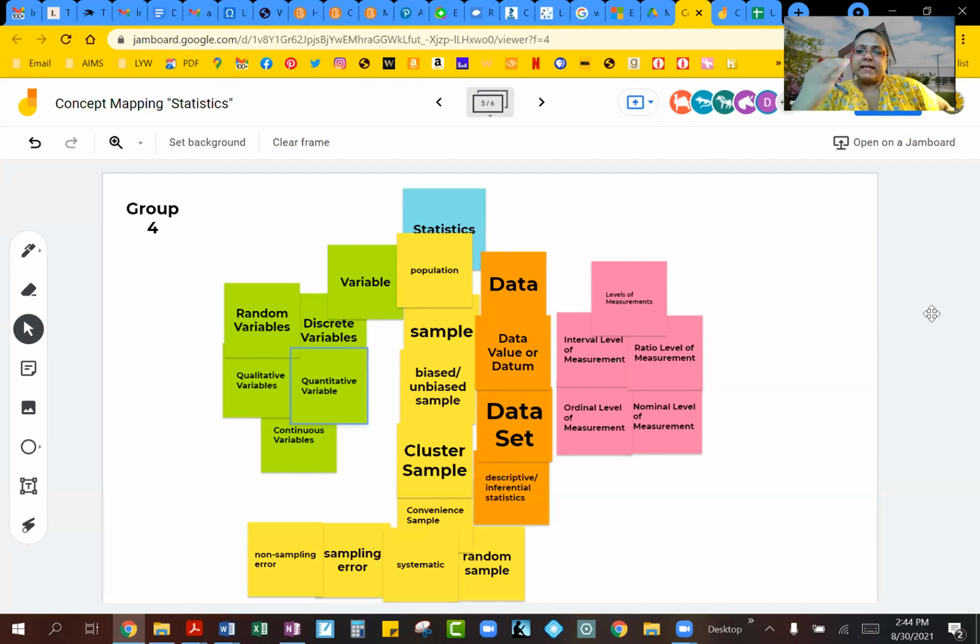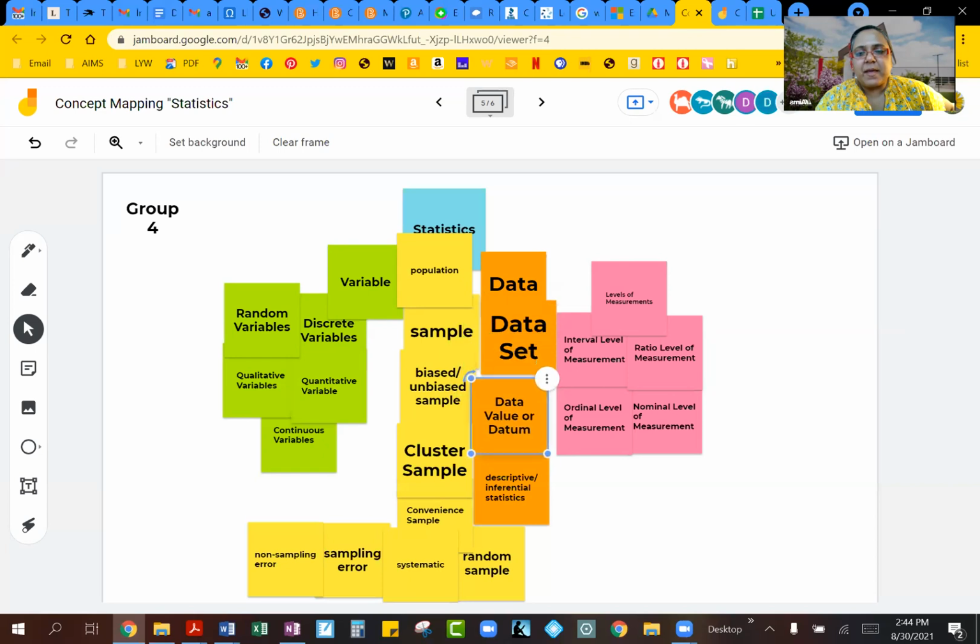I think you could have done a little bit more with the flow. Like with your levels of measurement, there's really no hierarchy because it's just the different ways you do that. But same thing over here, your data set should have gone on the top, and then data value or datum, because data values are what each individual item in a data set is called.